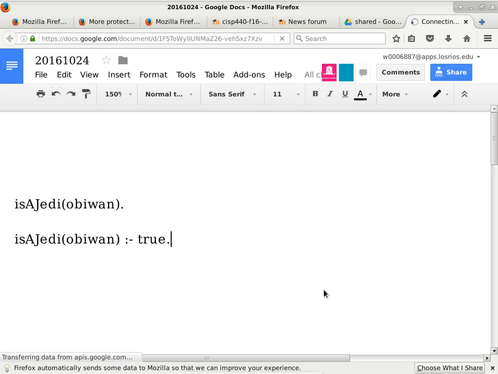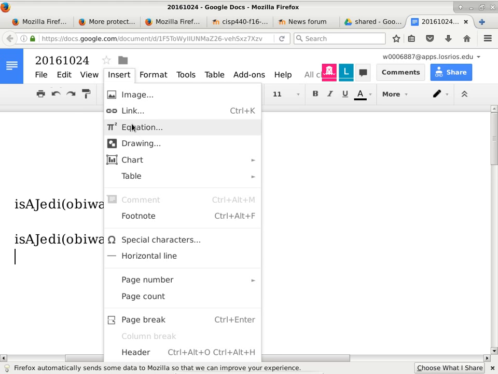Okay, so in this case, the first one, is a Jedi in parentheses Obi-Wan, is a shorthand of the second one, which is a Jedi in parentheses Obi-Wan only if true. Or the normal way to read that is true implies is a Jedi Obi-Wan. In other words, this one is the same thing as insert equation.